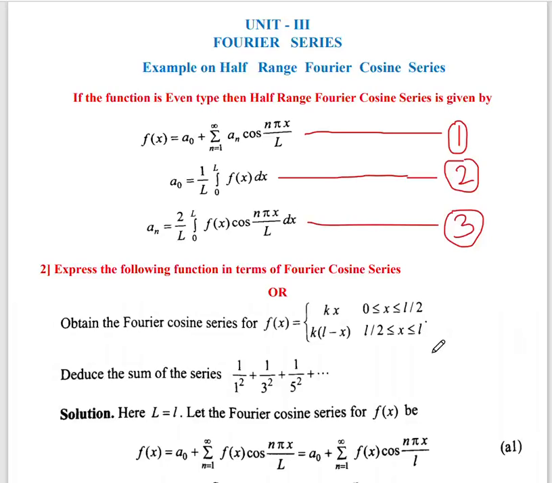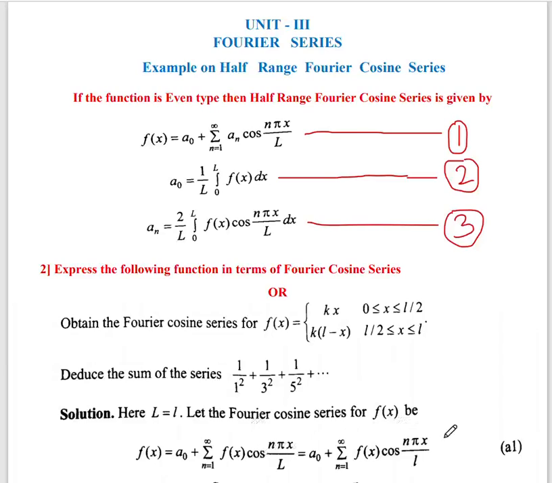Now we will solve this problem by using the half-range Fourier cosine series formula. If you observe here, the interval is from 0 to L, so capital L is small l. The given function is f of x equal to kx and k into L minus x under these conditions.